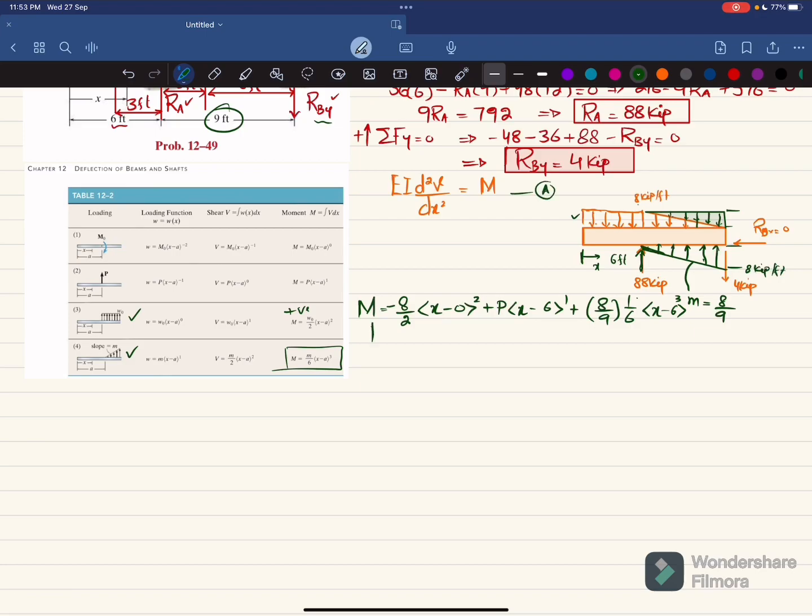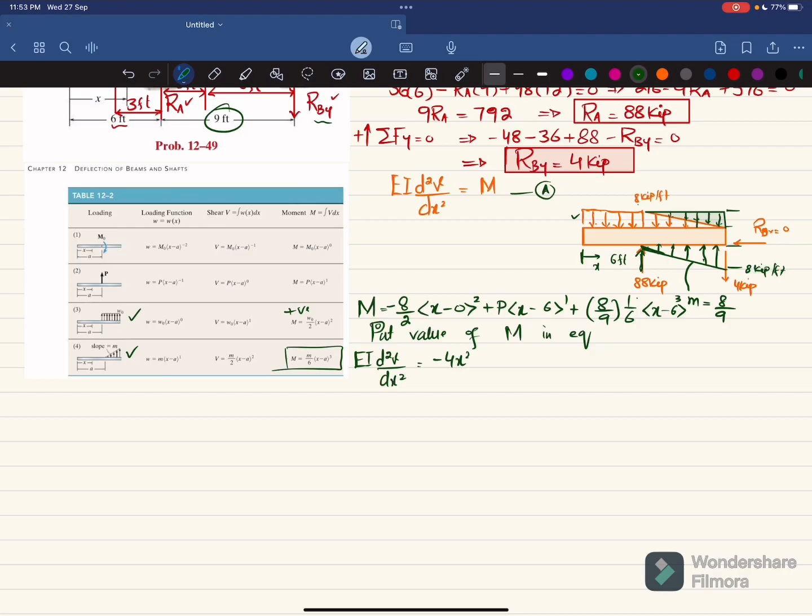So put the value of m in equation A. So you will get EI into d square V over dx square will be equal to minus 4x square. Clear?